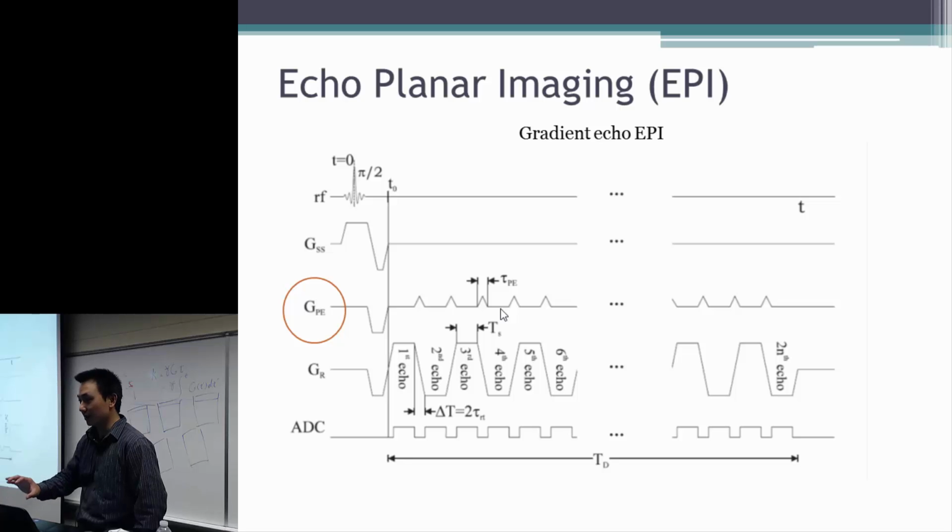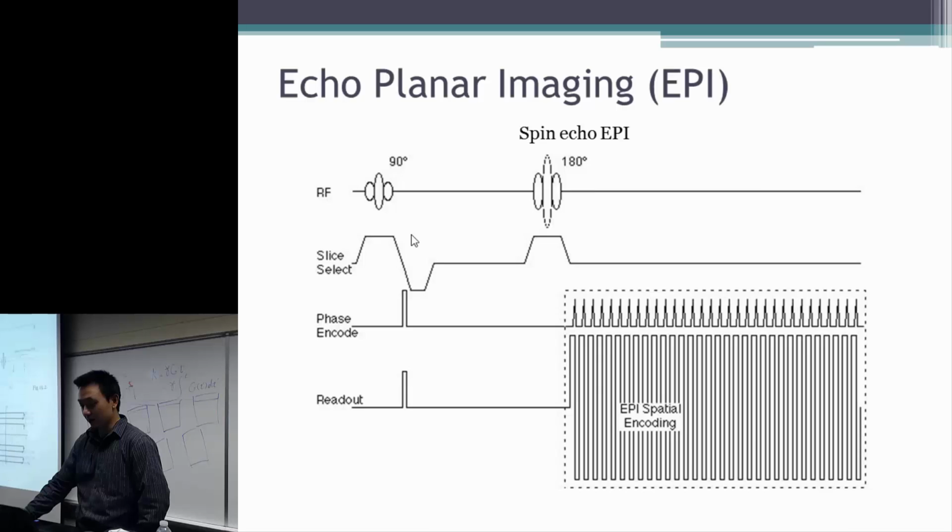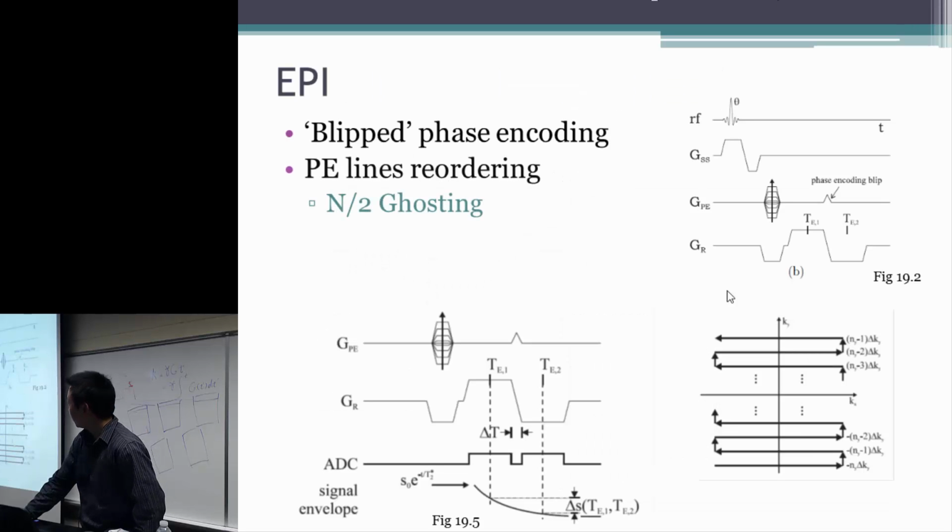So we call this the EPI readout. It can be used in different sequences. In here, we can also call this EPI readout, although it's only 2 echoes, or any multiple echo, we can also call it EPI-like readout.